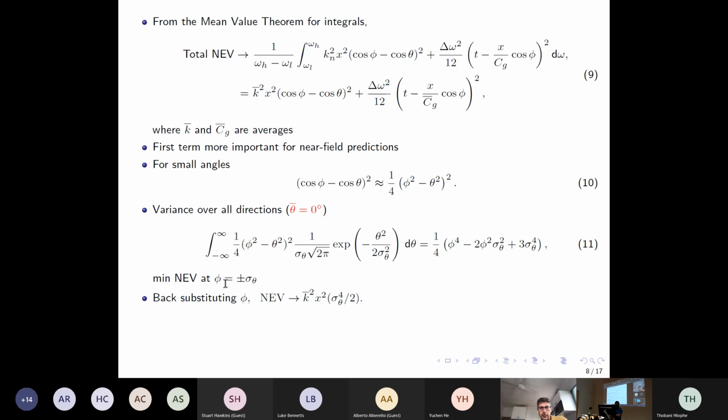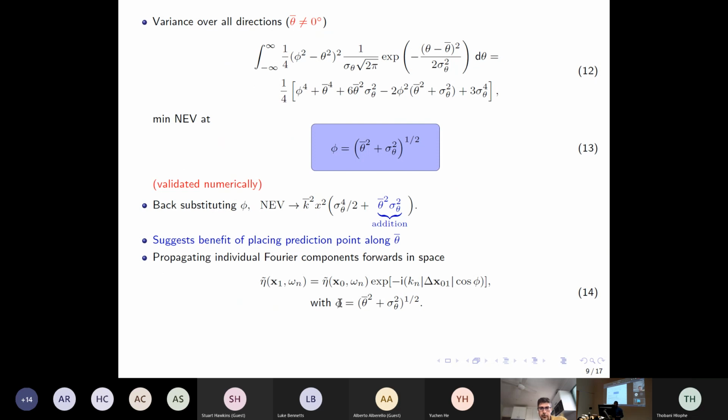So it tells us that we have to propagate the waves at an offset angle of sigma, which is the standard deviation of the Gaussian distribution function. This is the one which gives us less error when we propagate the waves assuming that the mean wave direction is 0. If you substitute this back into the variance, we get this term, sigma to the 4 on 2.